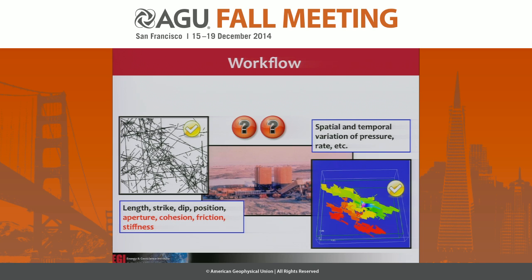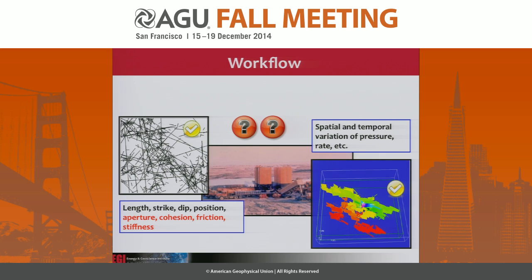Once we have represented that in a numerical model, as I mentioned, there are currently a number of models that have been developed commercially, at national labs, and academically, that can do a pretty good job of representing growth of hydraulic fractures in a multiplicity of weaknesses that are present.